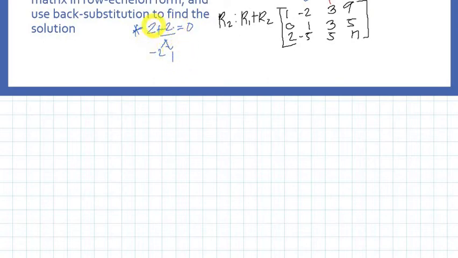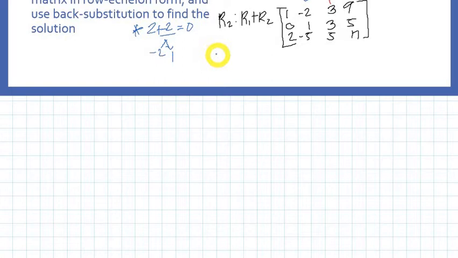So following this logic, we can then multiply -2 to this entry, and therefore to the entire row, and add it to this row so that this will become 0 and the rest will follow.